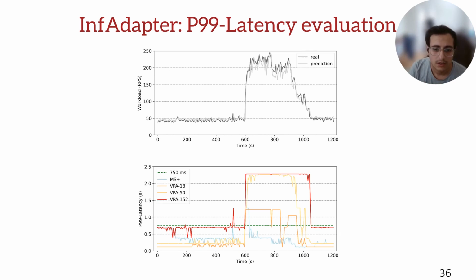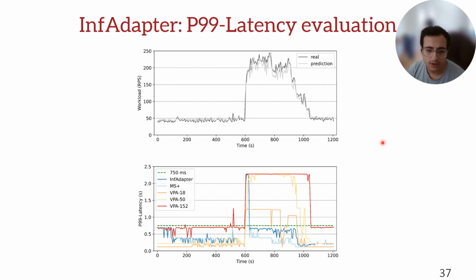Model switching plus is another approach that we use in our evaluation. As you can see, if we can change our models, we can sustain our throughput and at the same time achieve low latency. InfAdapter uses a more powerful model initially when the load is low, and when the load is high, it uses less powerful models.